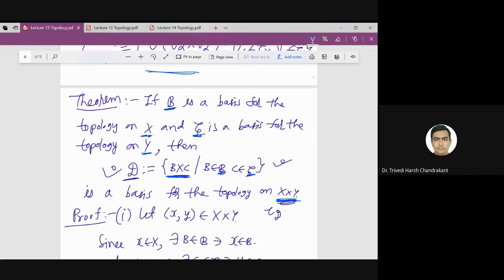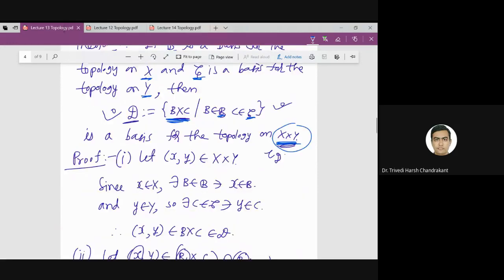All such sets we will take. And we have verified that this is also a basis on X cross Y, so the two axioms of basis are verified.